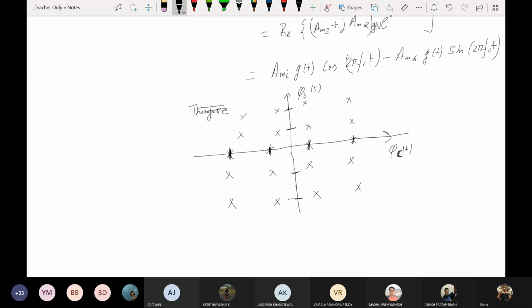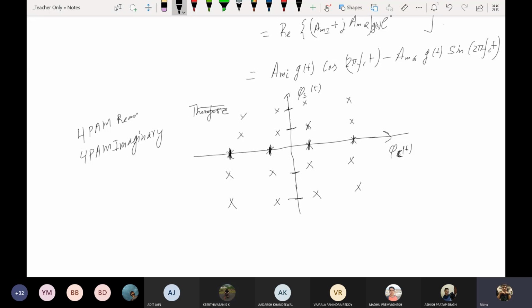So the crosses will represent the possible points in the case of 4 PAM real and 4 PAM imaginary. Sir, could you explain what it is exactly?